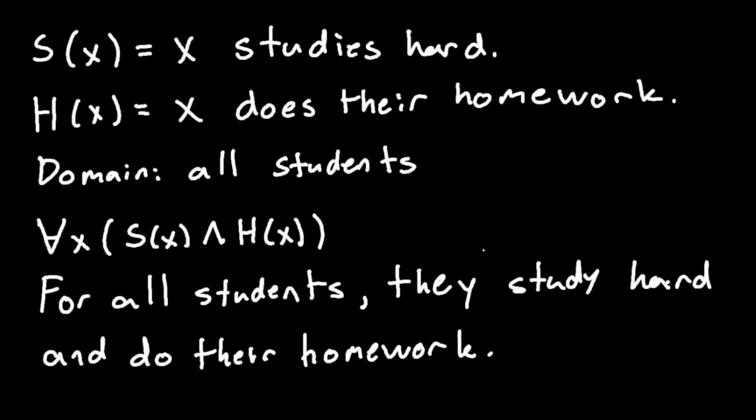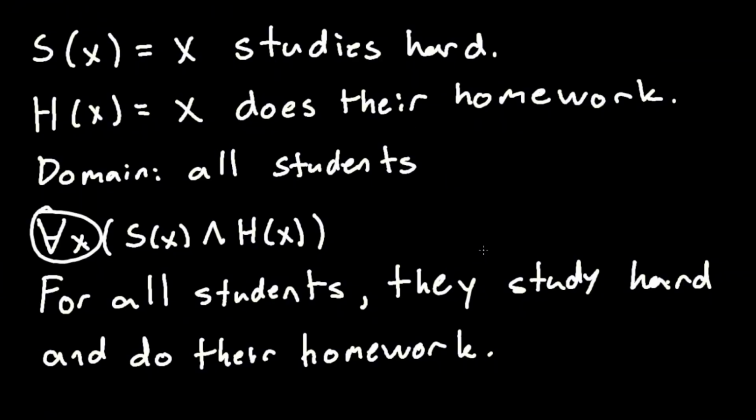That, by the way, is probably like every student studies hard and does their homework. Okay, you know what? I should have written that. But every student studies hard, does their homework. That's basically along the lines of this quantified statement. So we have the for all. We take each part of it. So we have for all X, or every X. And in this case, the domain is every single student.